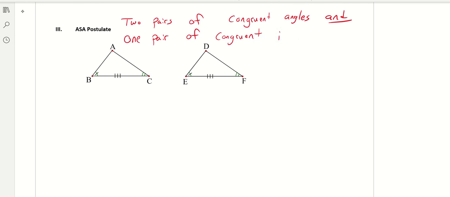That's an important word there. Included sides. So notice that just like in angle, side, angle, the side is sandwiched between the two angles.